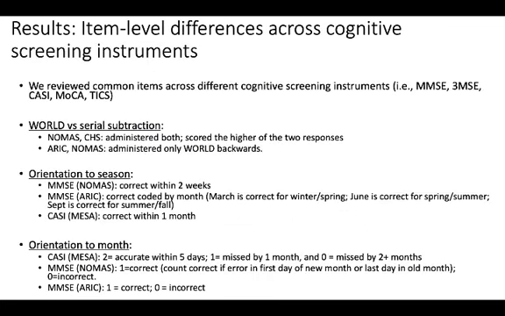For orientation to season, we found differences in scoring procedures, so how stringent or lenient they are across cohorts, where some got correct within 2 weeks, whereas others were correct within a month. And here we found differences in the response coding. In CASI, a correct response was coded as a 2, whereas in some of the other studies, a correct response was recorded as a 1.